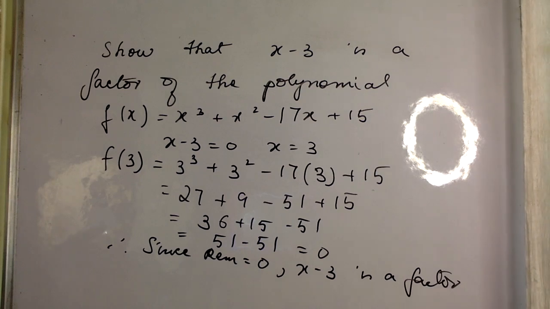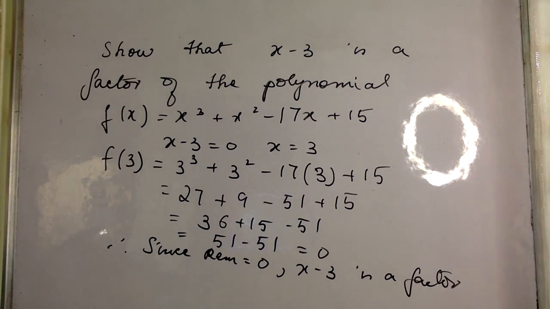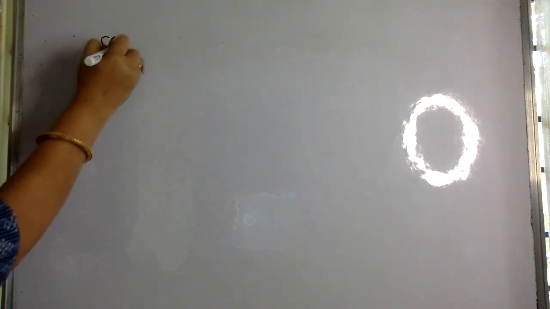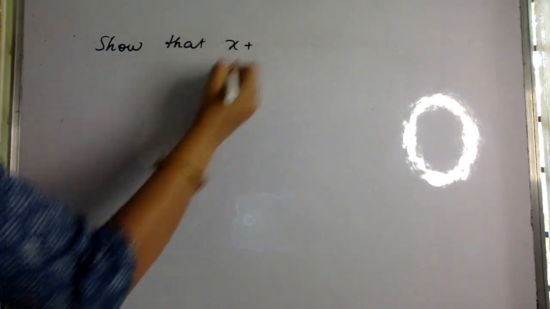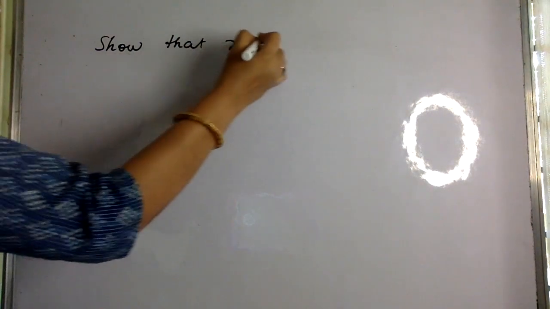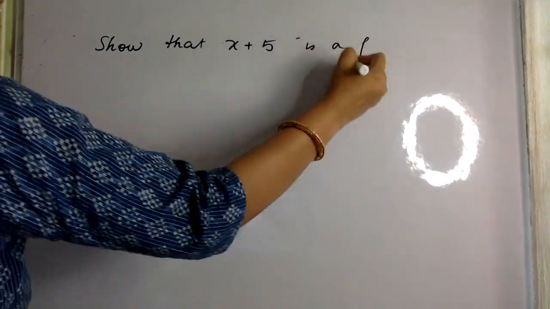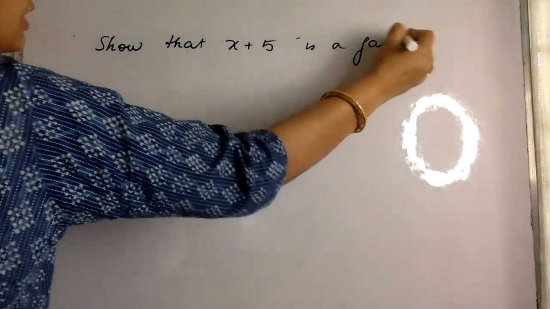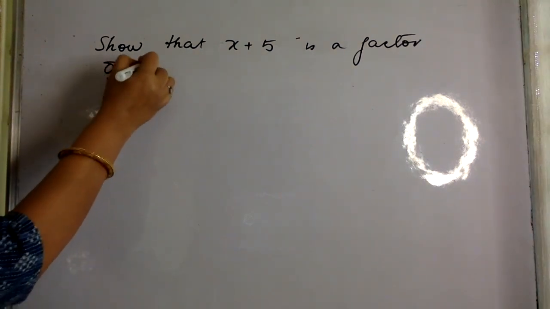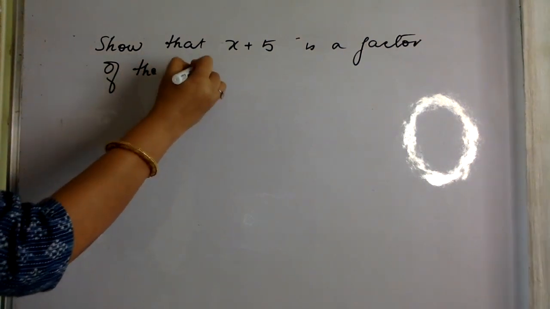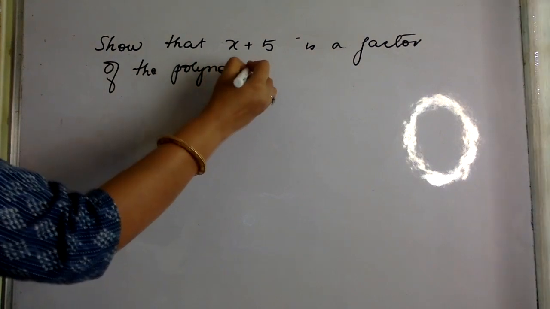So my second sum is also a very similar one. The second question says show that x plus 5 is a factor, almost similar, of the polynomial. What is the polynomial?